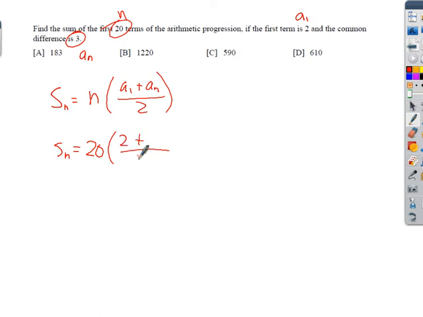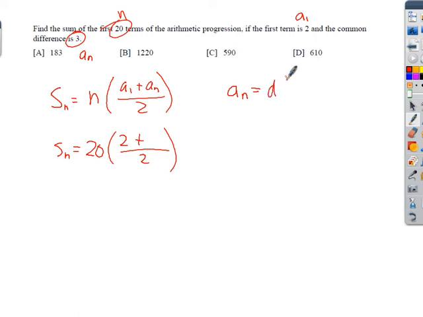The nth term is equal to... sorry for that little interruption. Let's see, a sub n. Okay, so the last term is equal to the common difference times n minus 1, plus the first term.